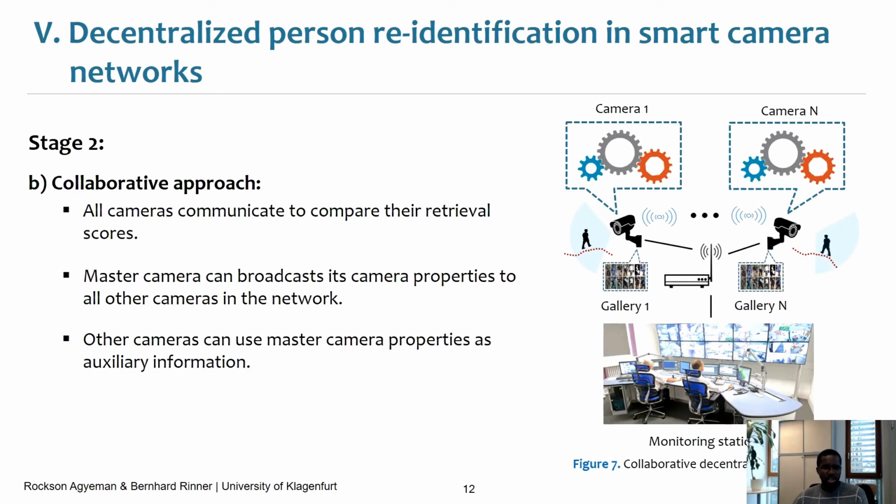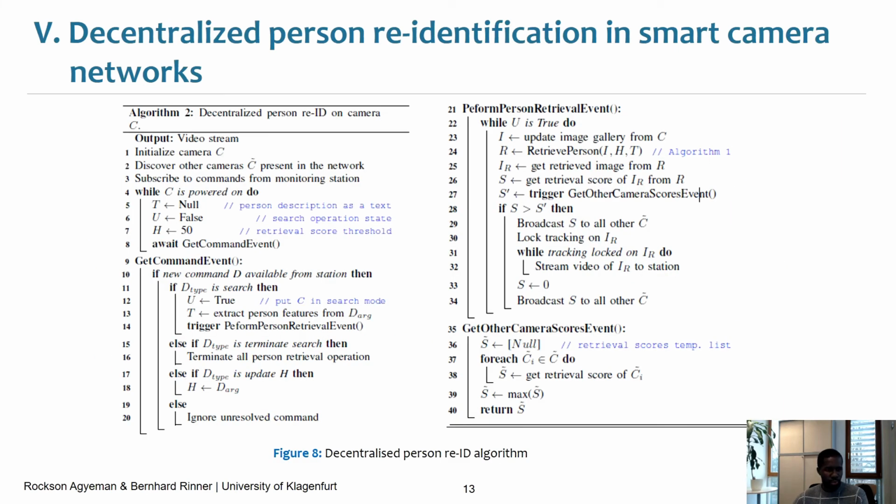In the collaborative approach, each camera node keeps an up-to-date record of all the active cameras in the network. We summarize this in algorithm 2. It's supposed to be a long one, but because of space, it's been broken into 2.